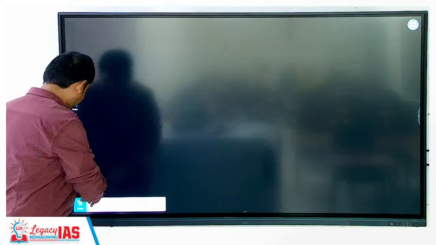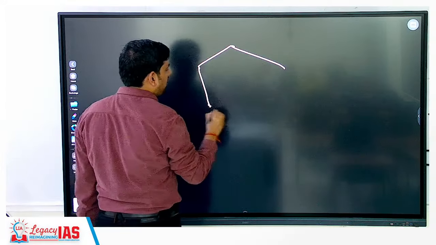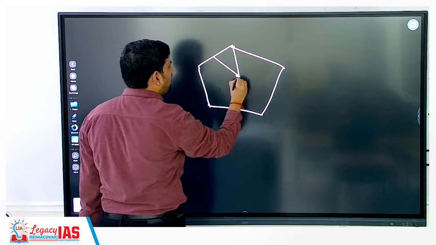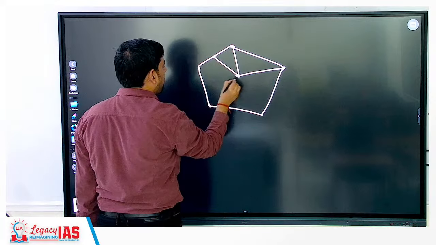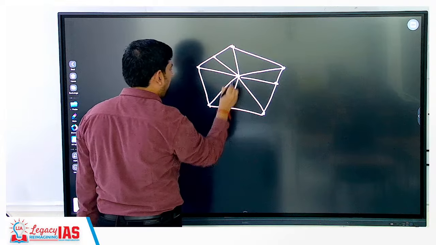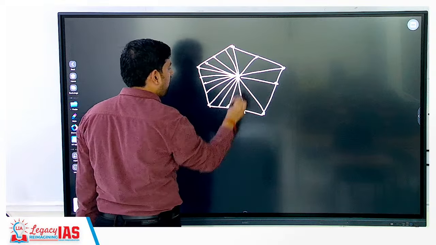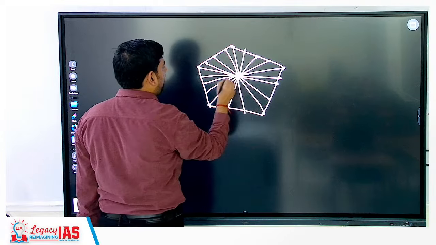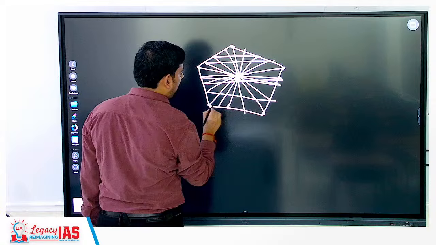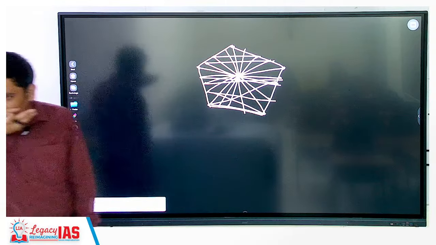See, okay, so it's a structure like this.